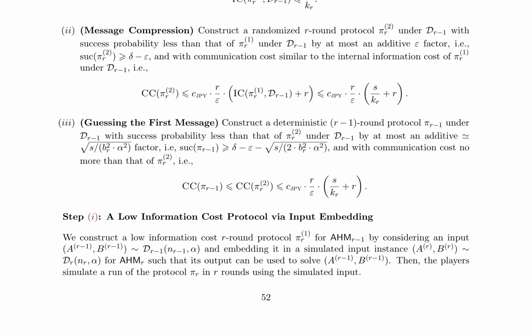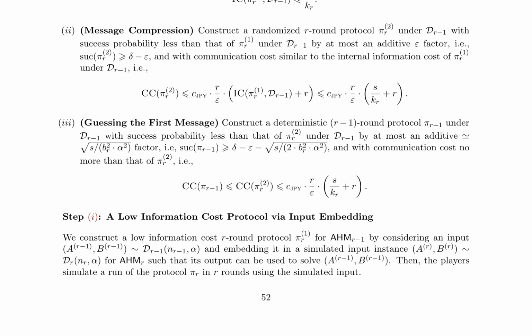The construction of pi 1 r reduces the internal information cost by a k r multiplicative factor, while the communication cost of pi 2 r is similar to the internal information cost of pi 1 r under D r-1. The success probability of pi 2 r is reduced by at most an additive epsilon factor.